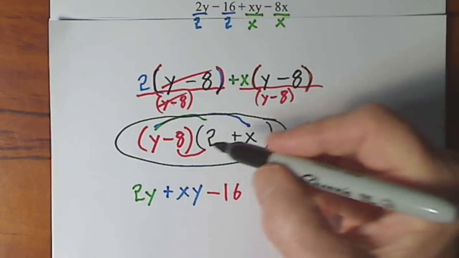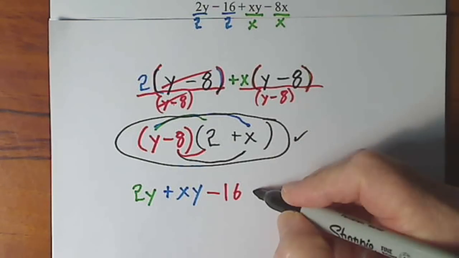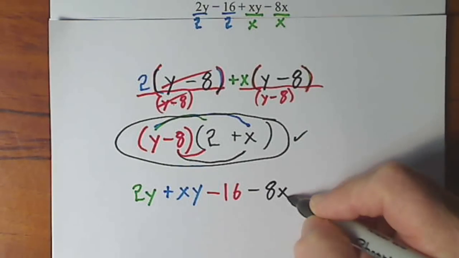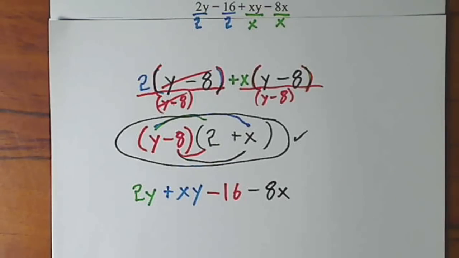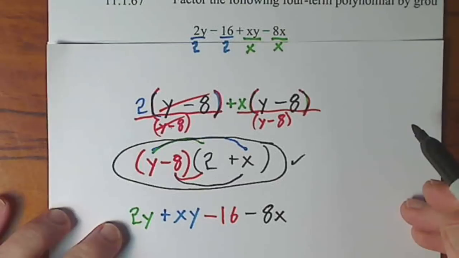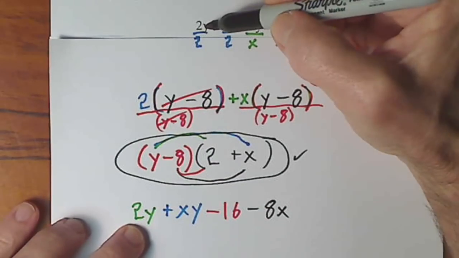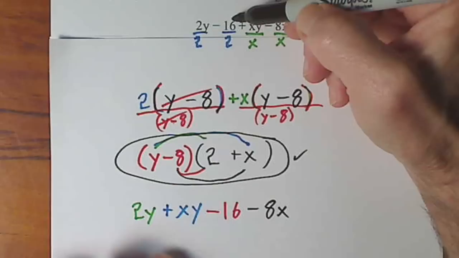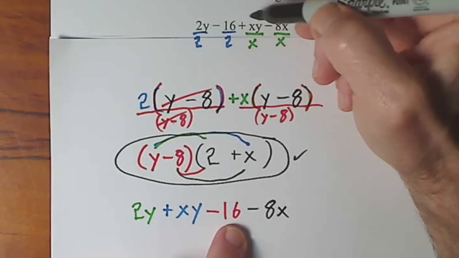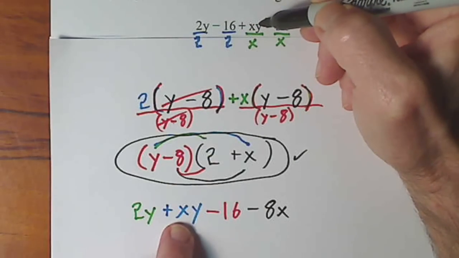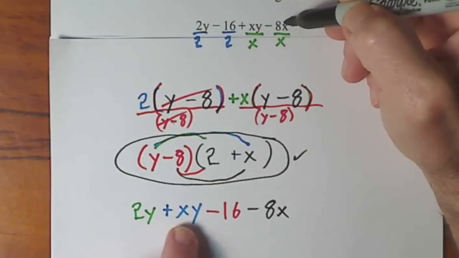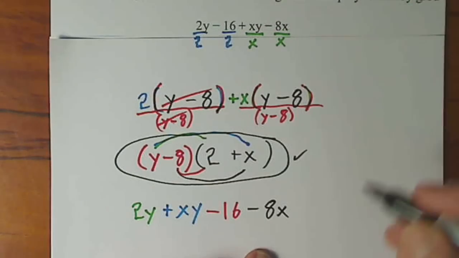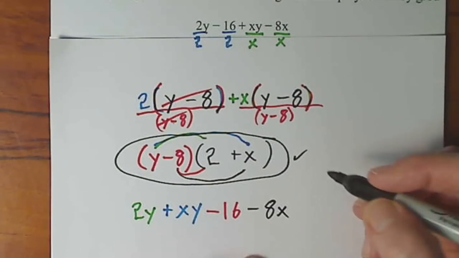And finally, if I say negative 8 times x, I get negative 8x. And let's see if that was up top here. 2y and 2y, negative 16, negative 16, positive xy, and negative 8x, negative 8x. So this showed that we have the correct solution right here.